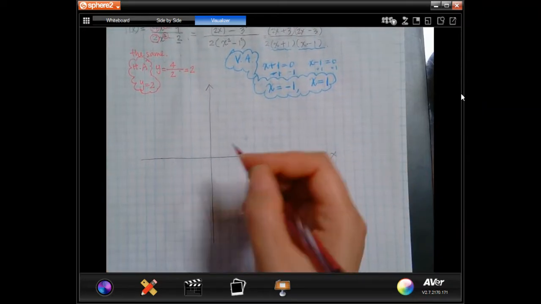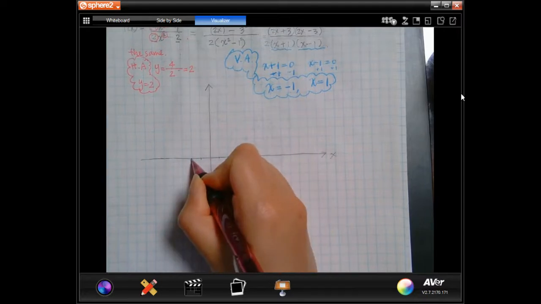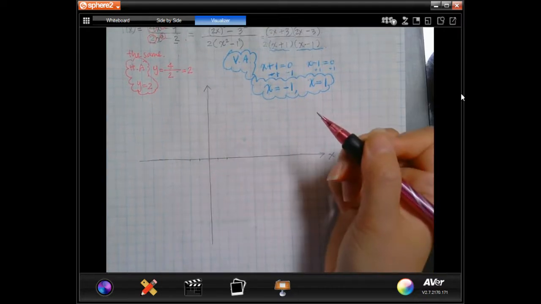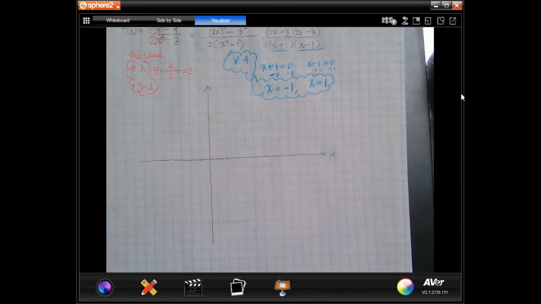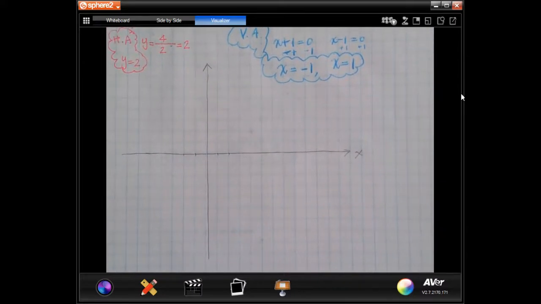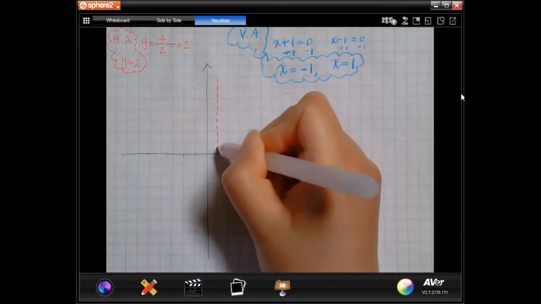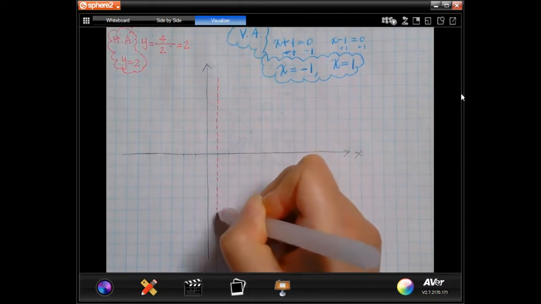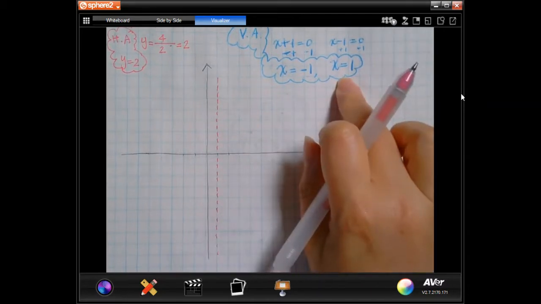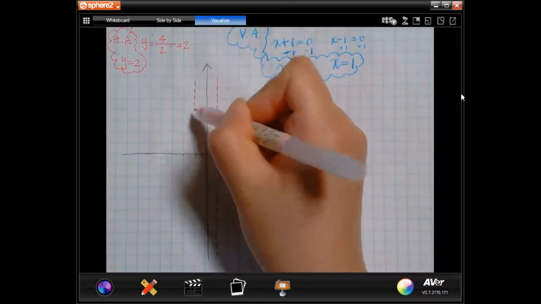Then now this is 1 and 2, -1 and -2. Now let's label the vertical asymptote at 1. So now the first vertical asymptote is here. Then the second vertical asymptote is at -1. So now it's here.